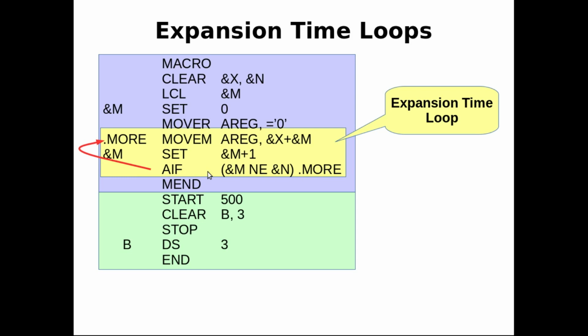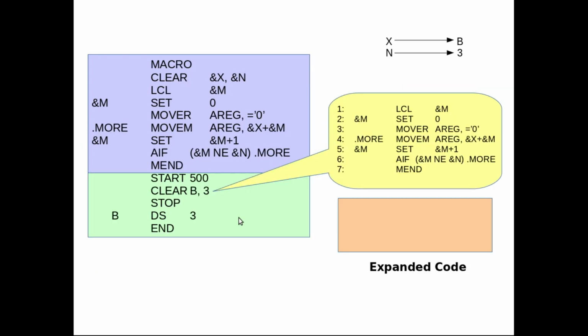Now let us try to perform the macro expansion for the macro call clear b comma 3. Since the actual parameters are b and 3, the mapping will be that x will be mapped to b and n will be mapped to 3. So this is the mapping we have from formal parameter to actual parameter.